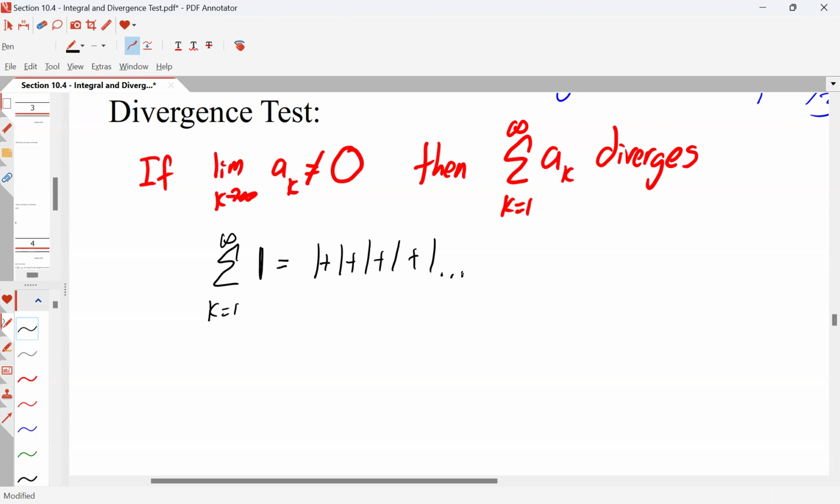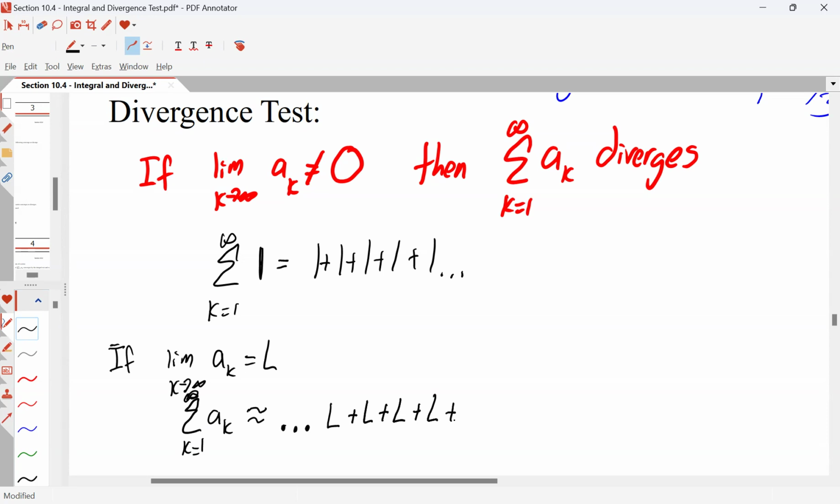And the same thing would go for any sequence that doesn't go to 0, because a sequence going to some number L would mean if the limit as k goes to infinity of a_k equals L, the series of that sequence eventually, maybe not right away, but eventually will end up looking like that number L added over and over.